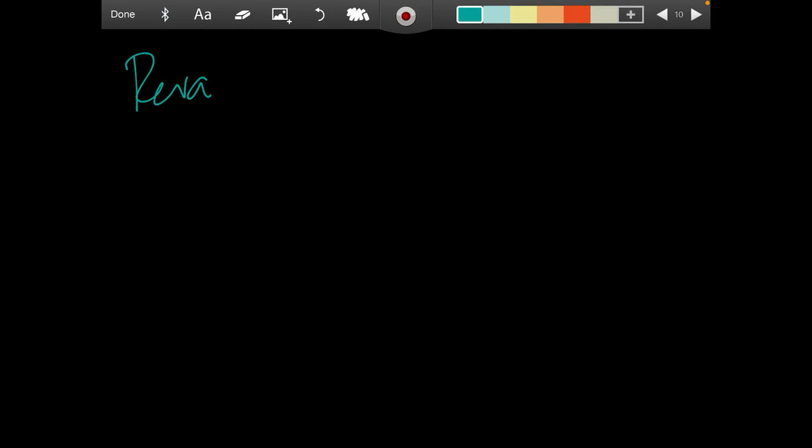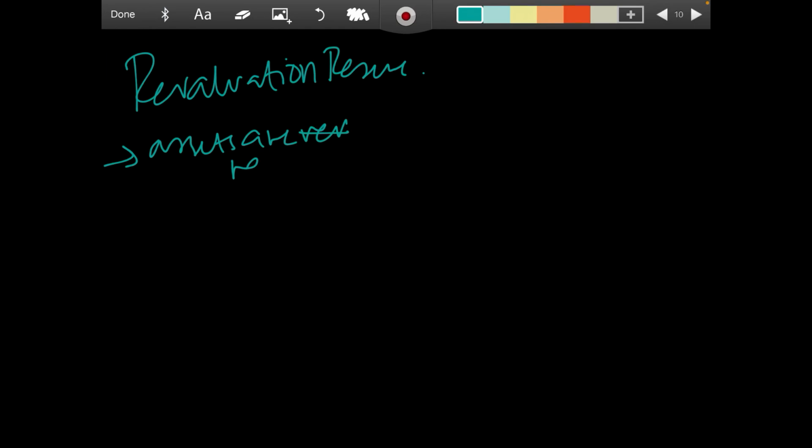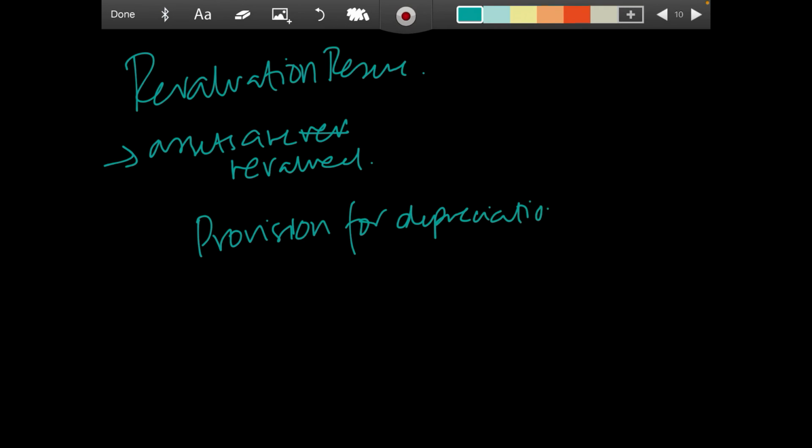Okay. So now what is a revaluation reserve? So revaluation reserve is basically an adjustment when our assets are revalued. So the entry made when an asset is revalued is that the provision for depreciation of that asset to the date is debited.